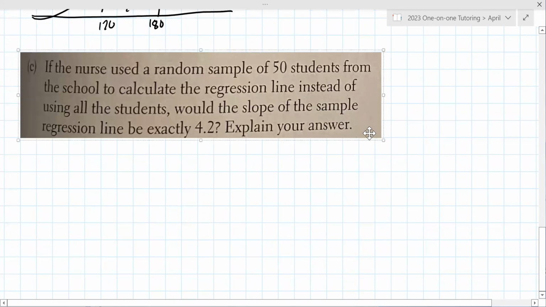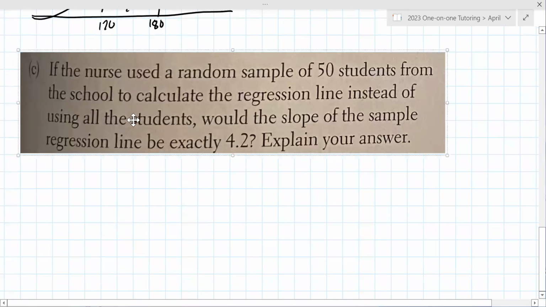Okay. Part C says, if the nurse used a random sample of 50 students from the school to calculate the regression line instead of using all the students, would the slope of the sample regression line be exactly 4.2? Let me ask it differently: could it be exactly 4.2?